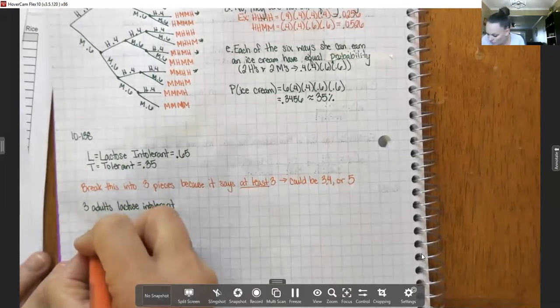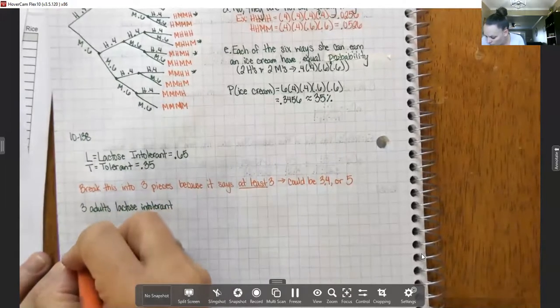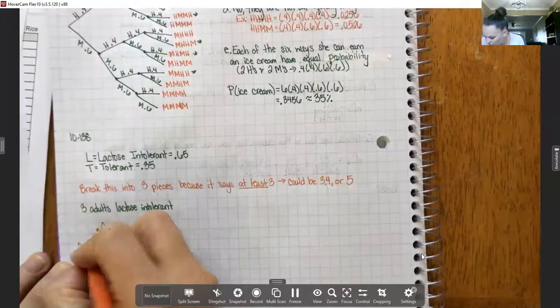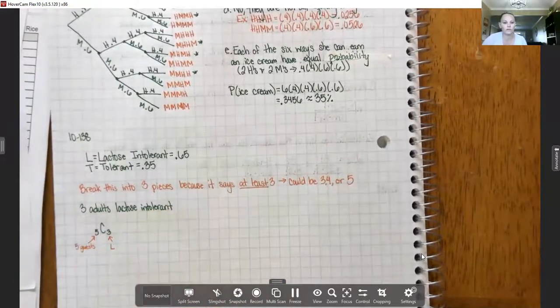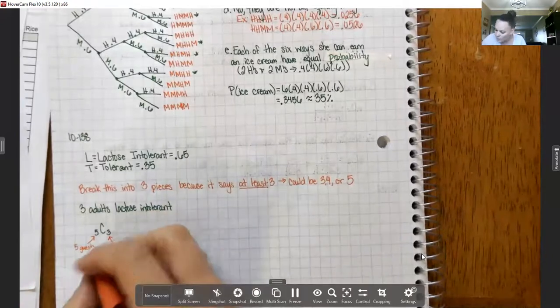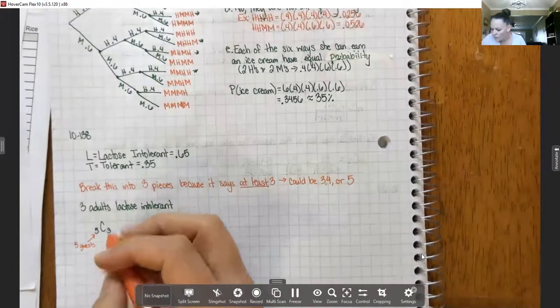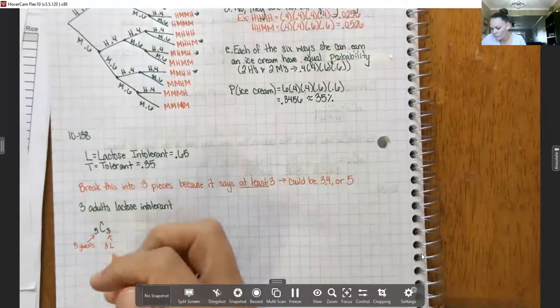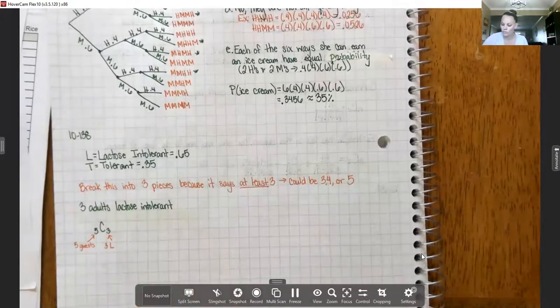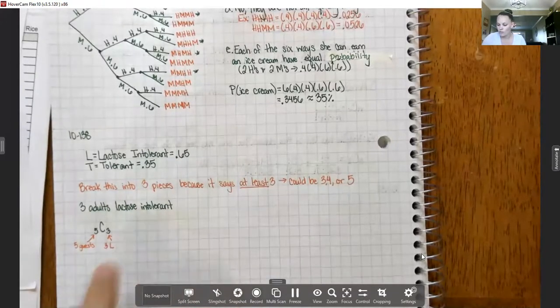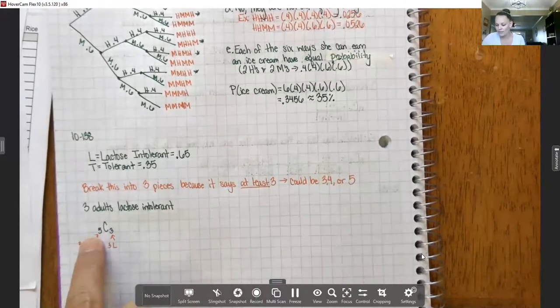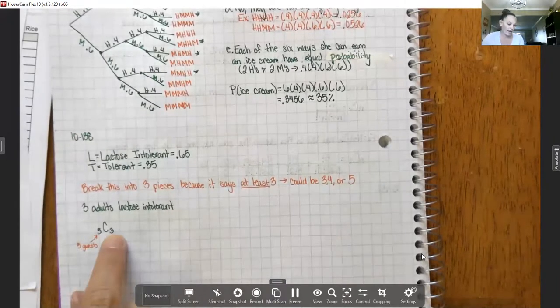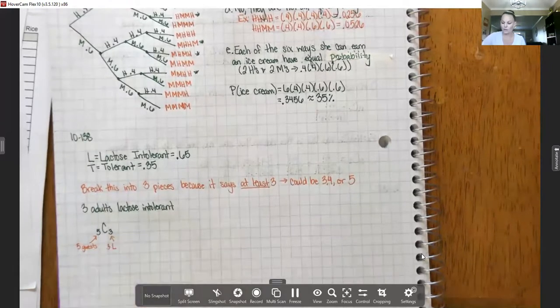So this is 5 guests and 3 of the L's. Remember, a combination order doesn't matter. So of these 5 guests, how many ways can we have that 3 of them are lactose intolerant?